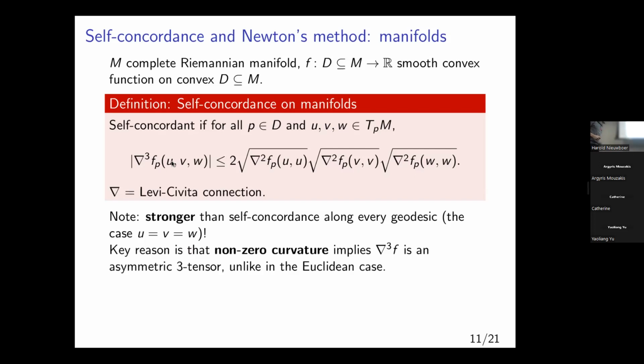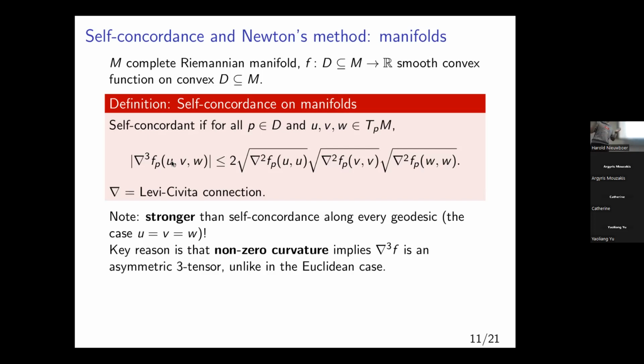And there's a good reason for this. The reason is that the non-zero curvature of the space you're looking at implies that this third derivative is an asymmetric tensor. And why is this relevant? It's because in the Euclidean case, the third derivative, if you look at it as a trilinear form, is symmetric in the arguments.